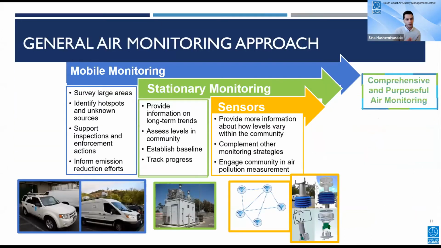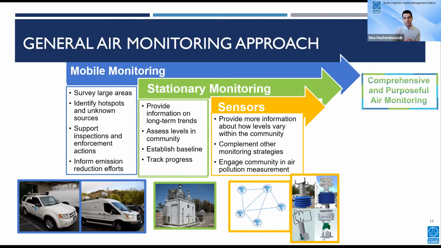This slide provides a general overview of our monitoring approach in these communities. We usually start with mobile monitoring that allows us to do wide area surveys in these communities. And that helps us to identify hotspots and areas of concern. It also assists us in identifying some potential unknown sources of emissions.